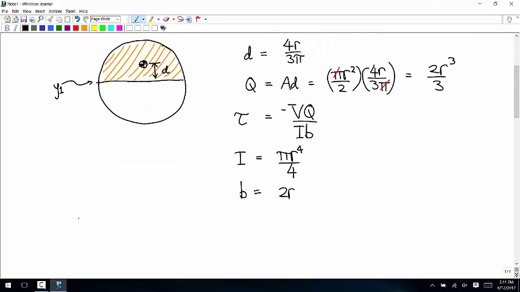And so for a circular cross-section, you can only calculate the stress due to shear force along the neutral axis, but you have a single formula that works for everything. So this is equal to negative V times 2r cubed over 3, so that's V times Q over I.